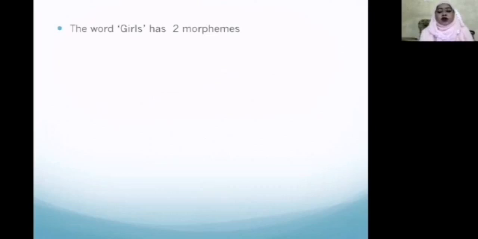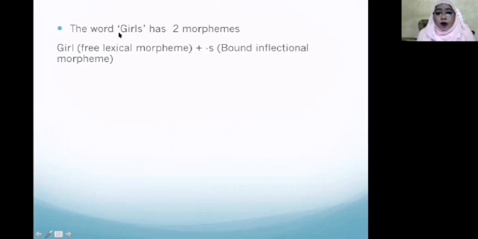Suppose I ask you to describe the morphemes in the word girls, okay, how many morphemes it has. We notice that the word girls has two morphemes. First, girl, which is called a free lexical morpheme, and then we have s, which is called a bound inflectional morpheme, because this s is not changing the meaning or category of the free morpheme, so we call it an inflectional morpheme.